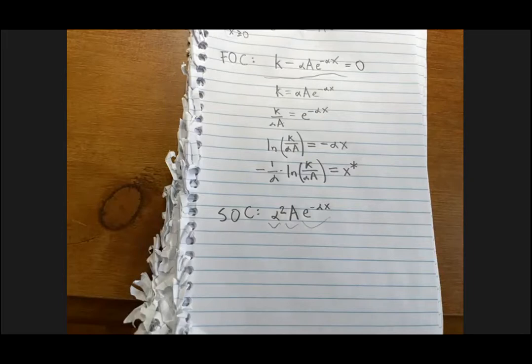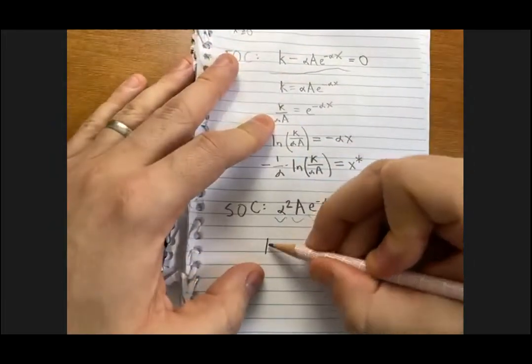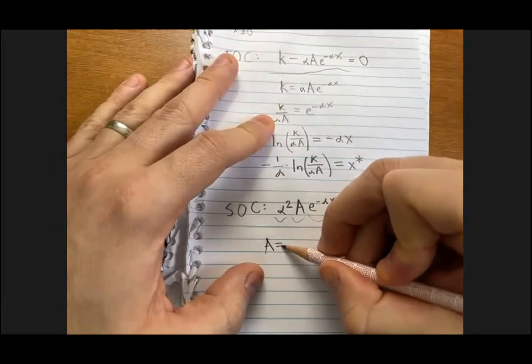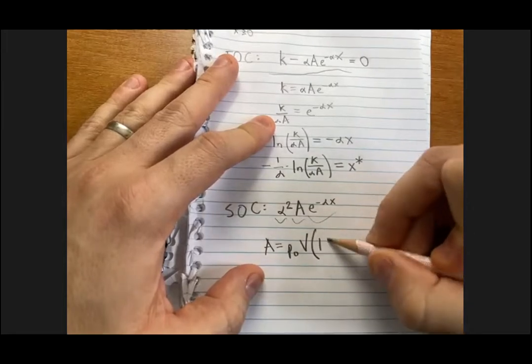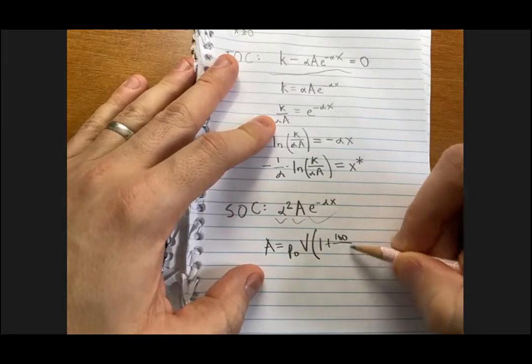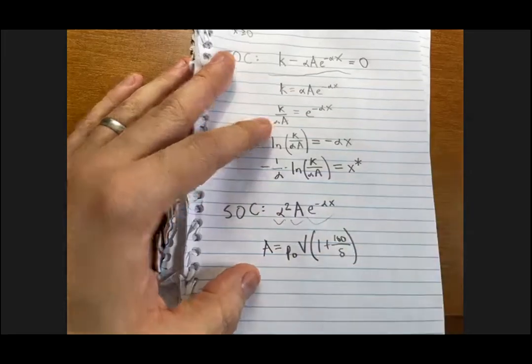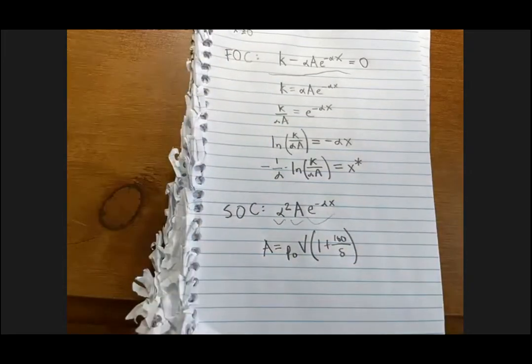And that is, let me write A down for us to have. A equals P0 V, the 1 plus 100 over delta. Okay. That's always positive. P0 is always positive.